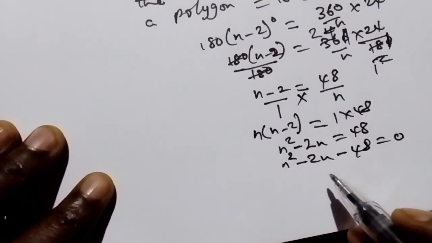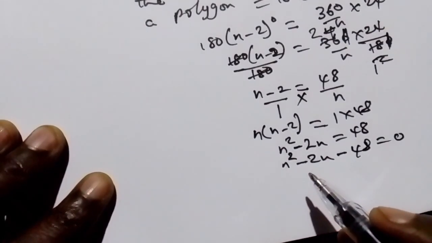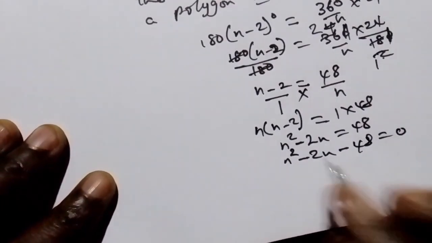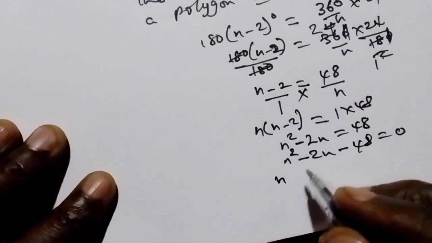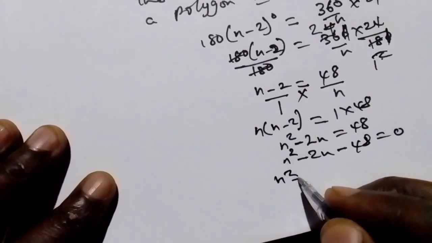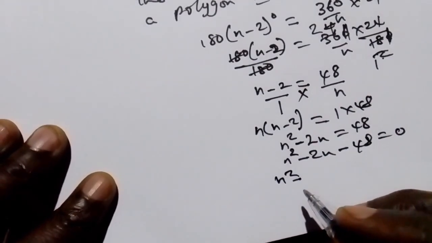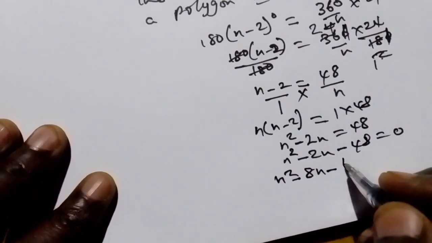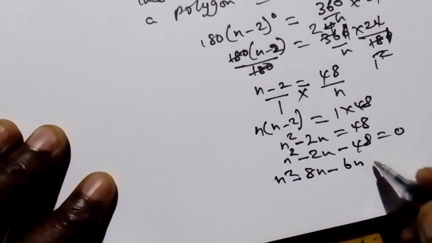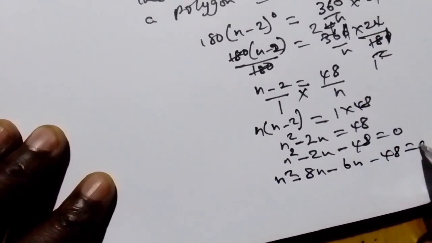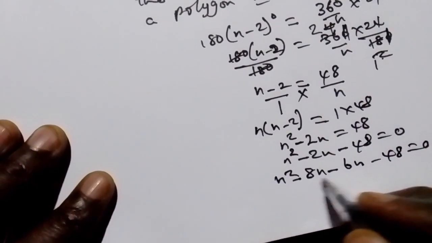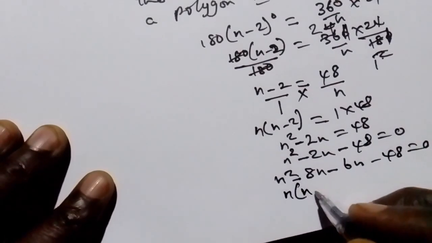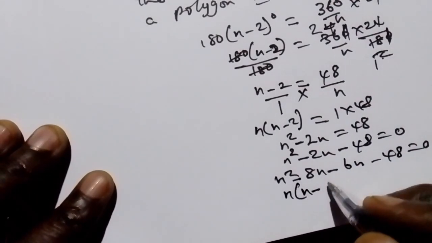We can solve this one by factorizing. We can say n squared minus 8n plus 6n minus 48 is equal to 0. n is common here: n into n minus 8.